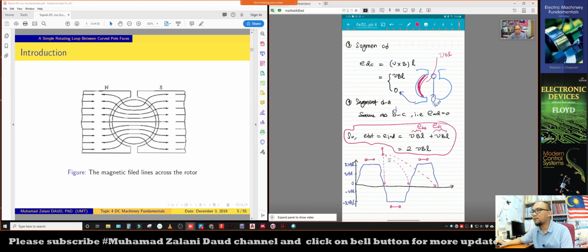As you can see, for the behavior of the machine we are talking about now, what happens inside that machine is something like this. In this bottom figure of the output induced voltage, it starts from 0, from this sort of state.